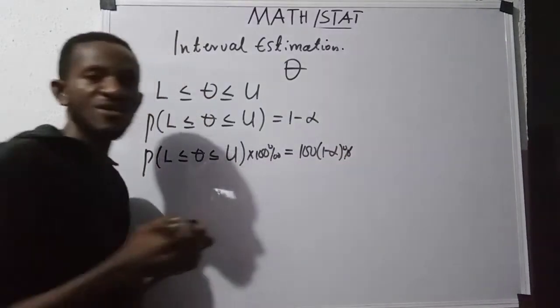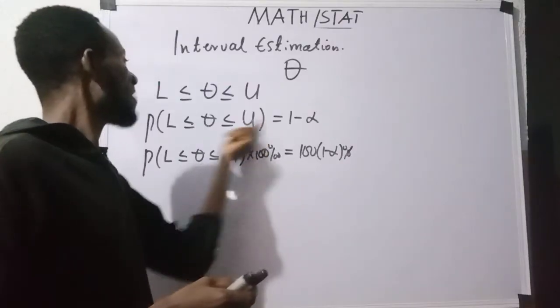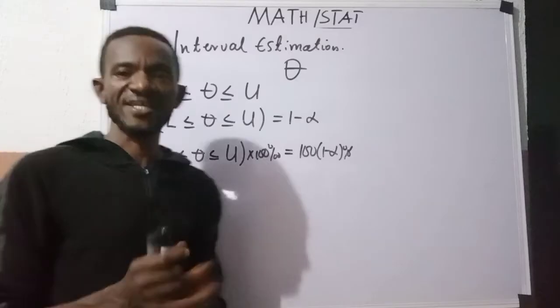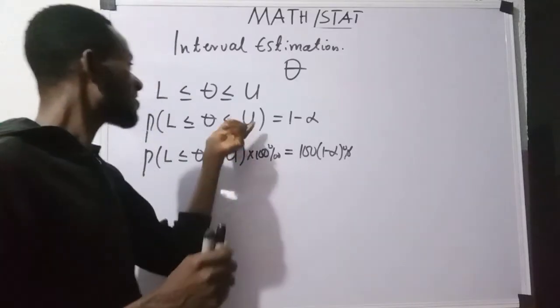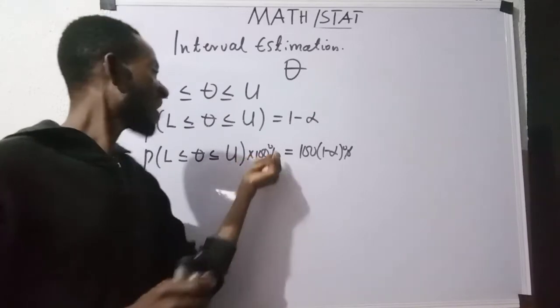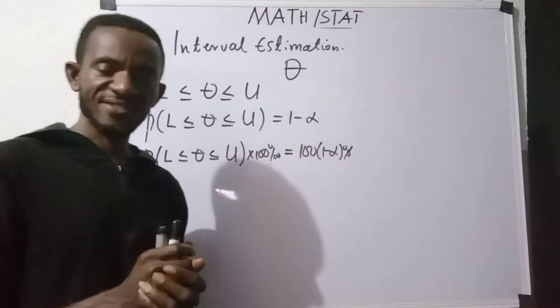What I have just done here is to use 100% to multiply the left hand side and use 100% to multiply the right hand side. So this expression and this expression are the same thing, because I use the same quantity to multiply both the left and the right.